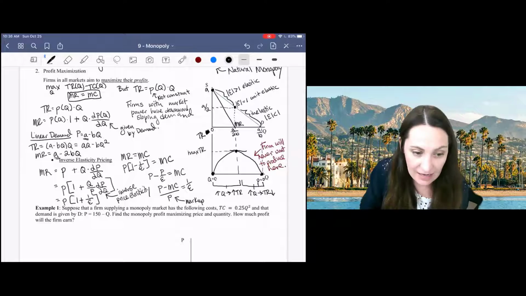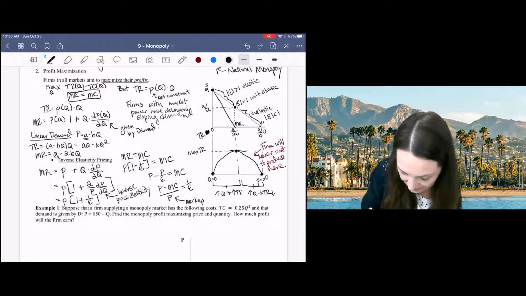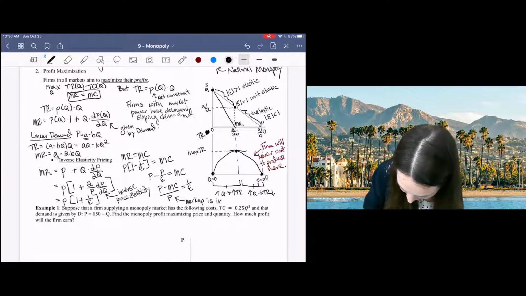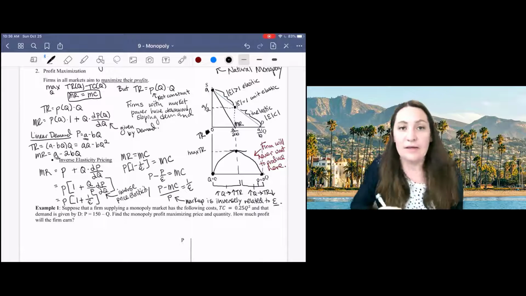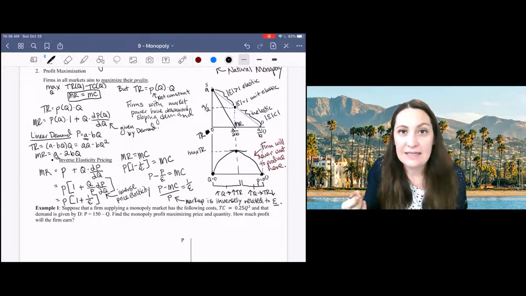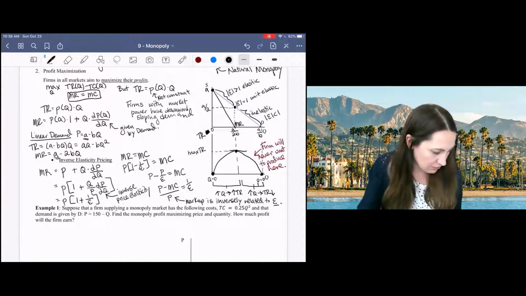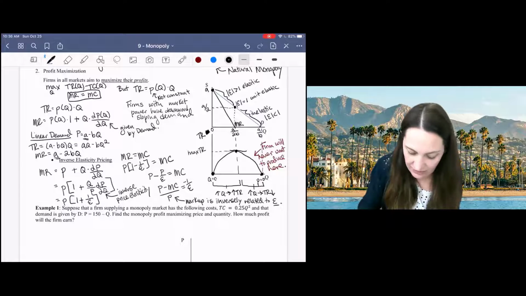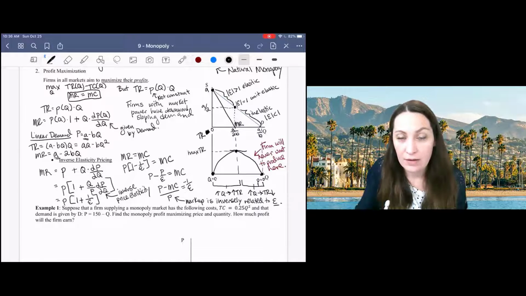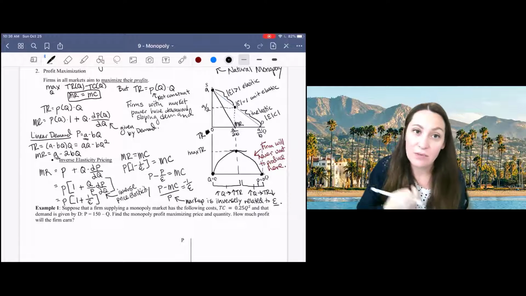And you can see that that's related to elasticity. In fact, it's inversely related to elasticity. So for more elastic products, there should be a negative there, we're going to have a lower markup. For less elastic products, we're going to have a higher markup.